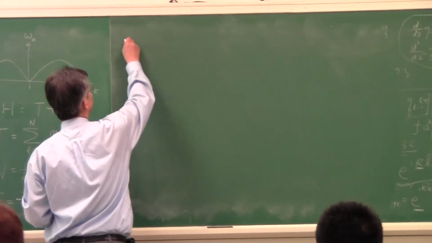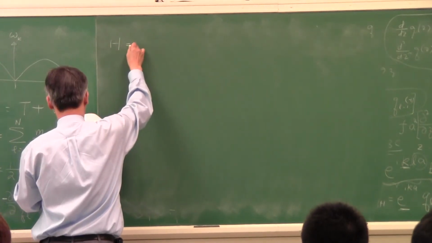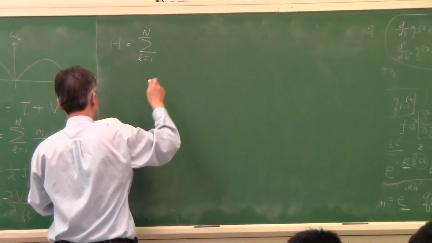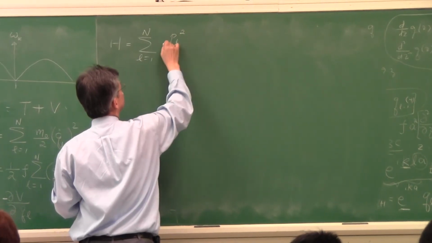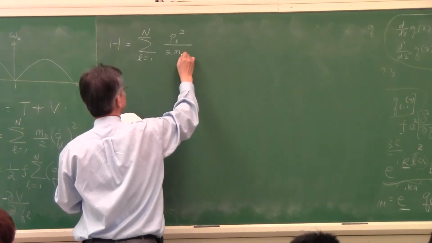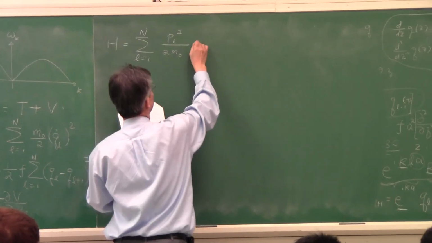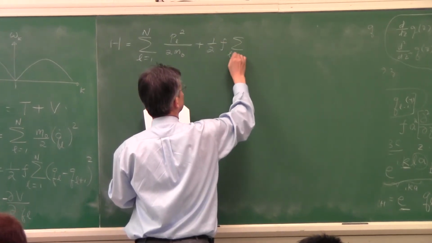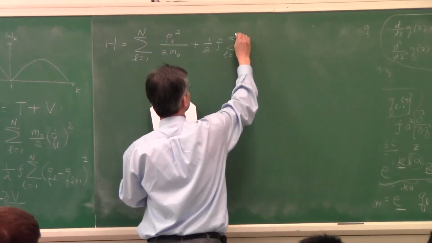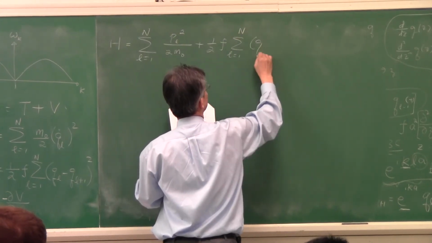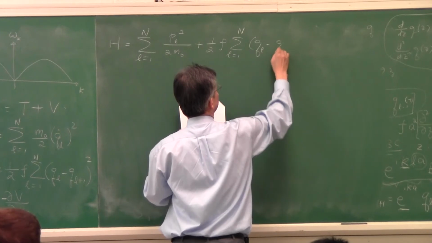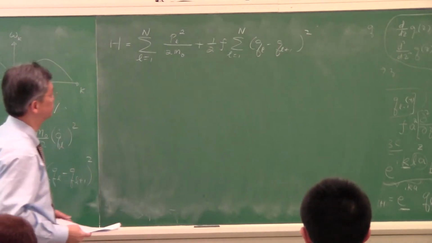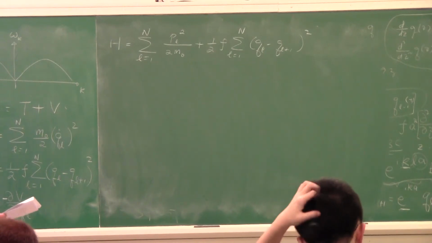So if I write down the Hamiltonian now, it will be equal to the sum of the two, the energy, which is the kinetic energy plus the potential energy. And this is the Hamiltonian for one period in the periodic boundary condition.